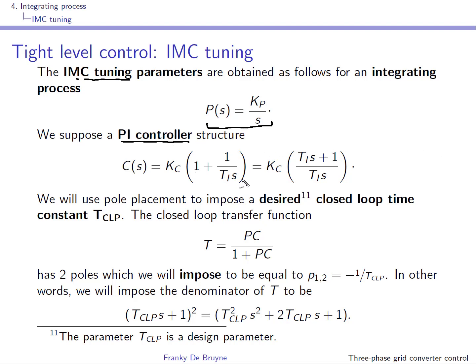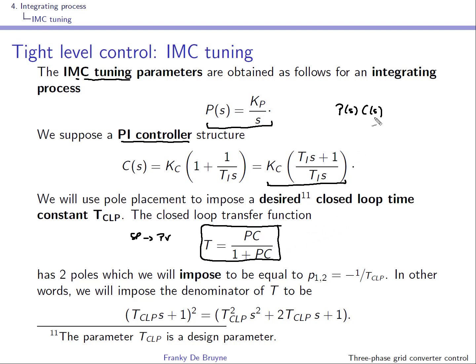The PI controller structure can be written like this or like this. If you write P over s times C over s, you can see that the closed loop transfer function, from set point to controlled process variable, is like this.